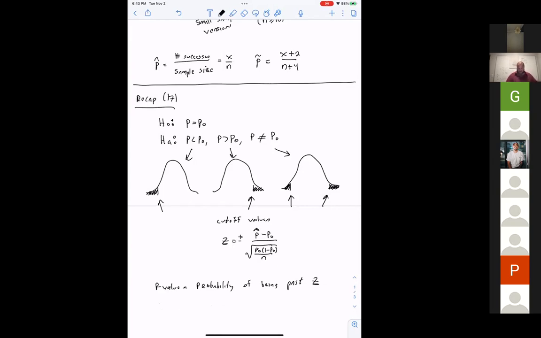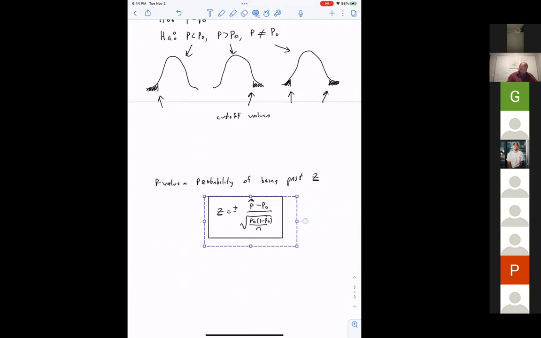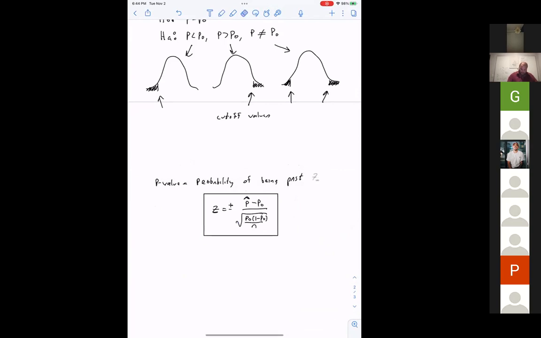So z equals this number. How can I illustrate? Okay, so z equals this. We'll do it like that. So the p-value equals the probability of being past z equals that number.